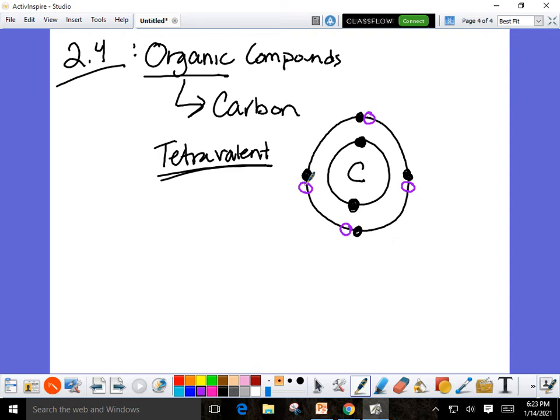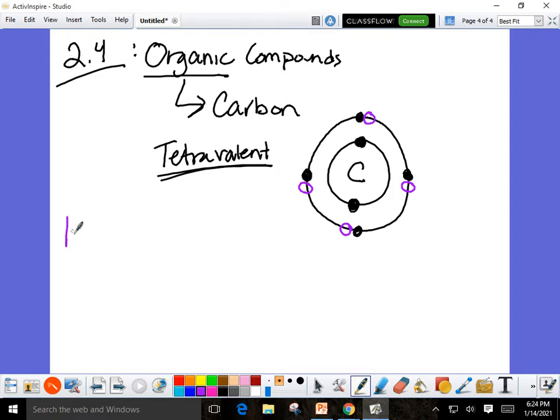What this means is that carbon has the ability to form bonds with 4 molecules at once. As we get through these macromolecules, you'll see that carbon is always the central molecule within them, because it's tetravalent and can form 4 bonds at once with other molecules.